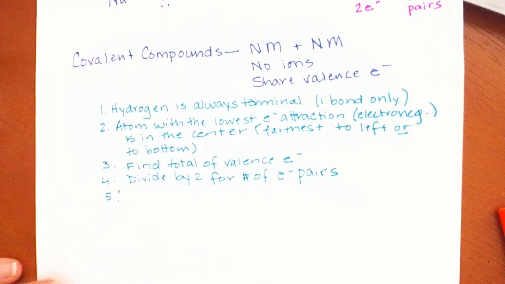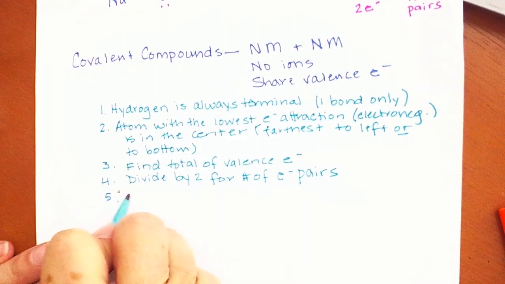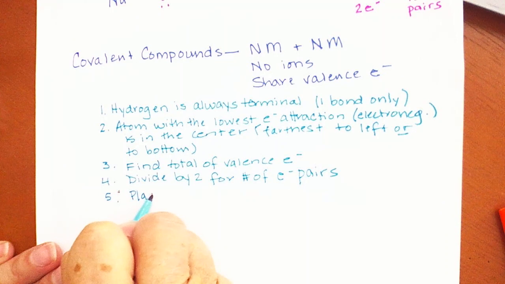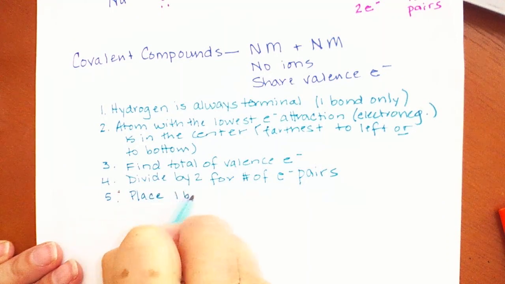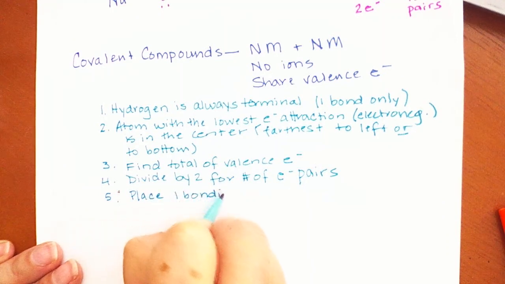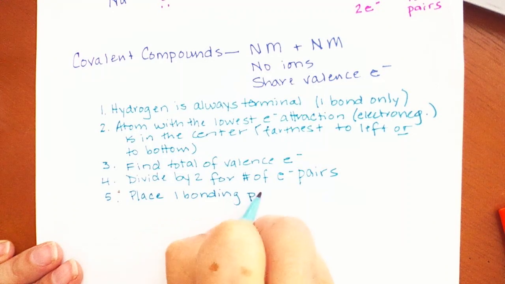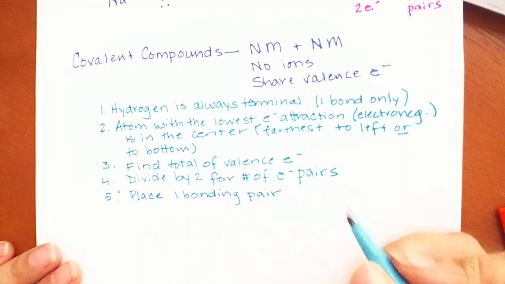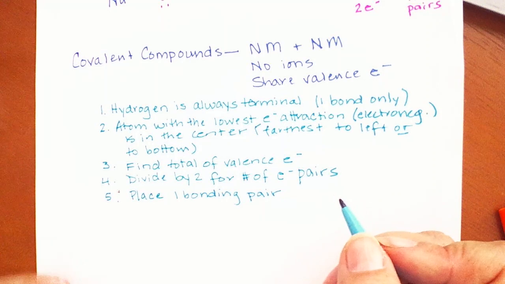Number 5. Place one bonding pair between the central atom and each terminal atom.